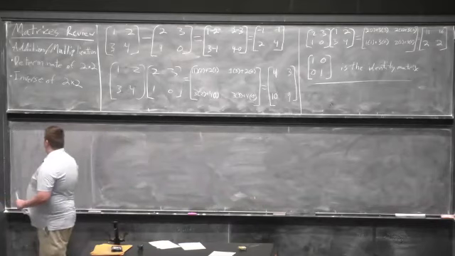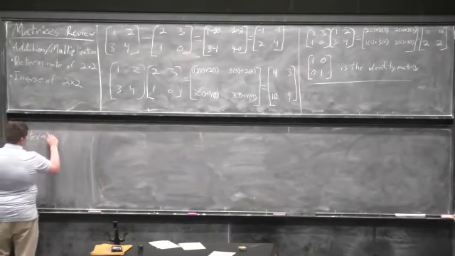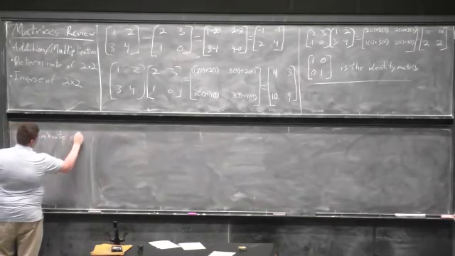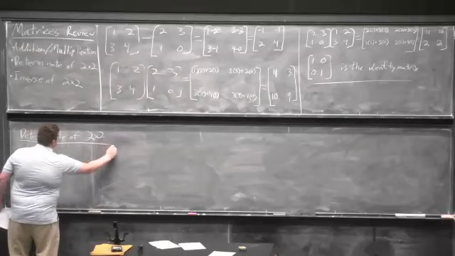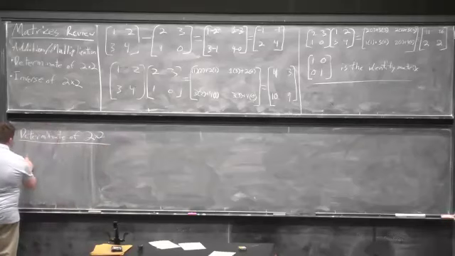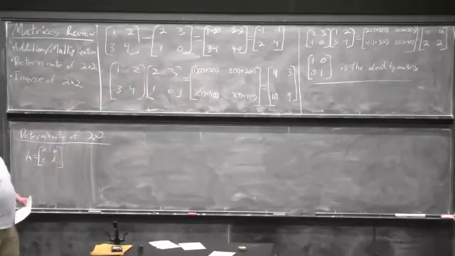So a determinant of a 2 by 2 is found through an equation. I'm going to set A to equal the matrix A, B, C, D. So I'm saying that the entries are A, B, C, D, and they're all real numbers.